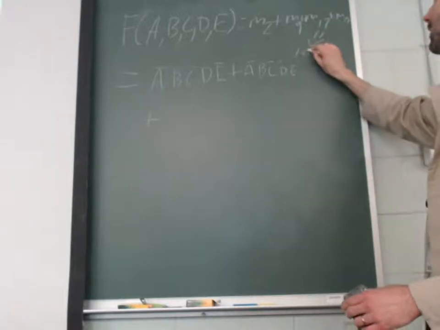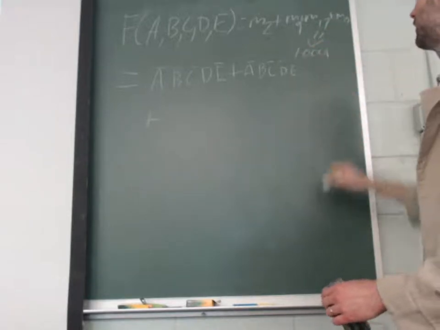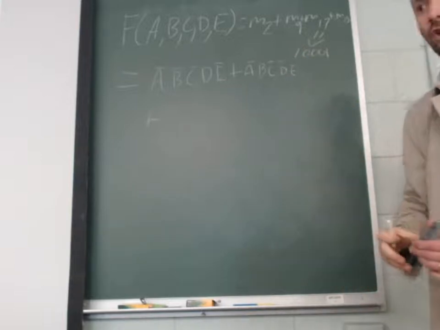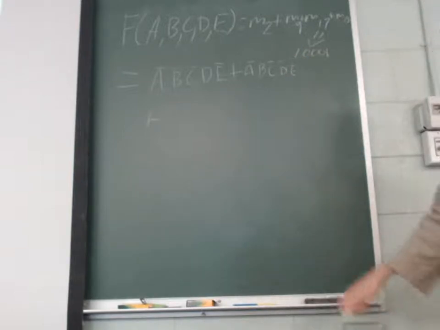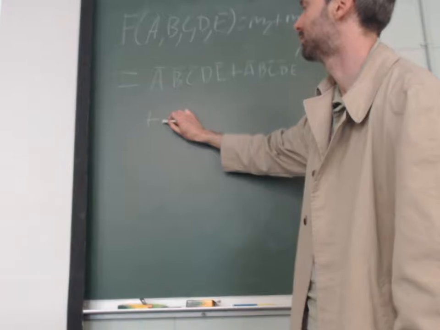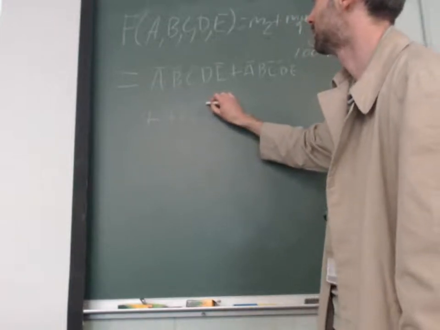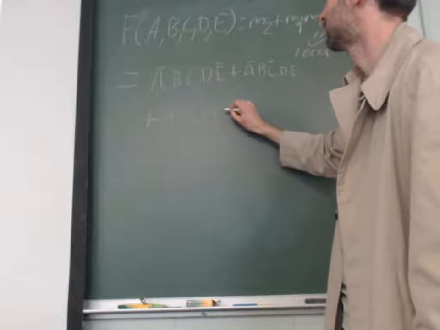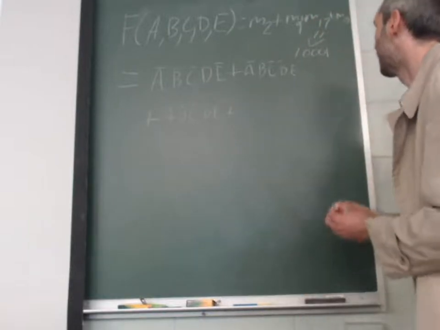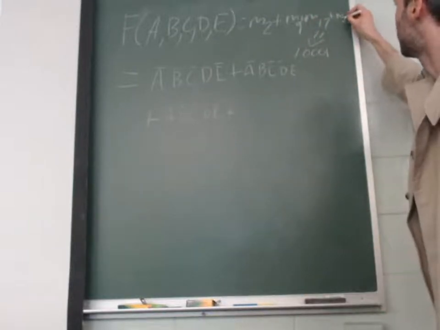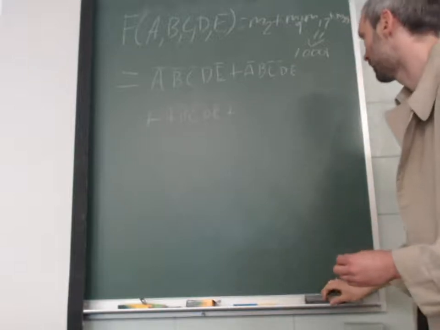17 converted into binary is 1, 8, 4, 2, 1. Because the first one's 16, sorry. So what is this one? A, not B, not C, not D, E. And that's a 3 or a 23.